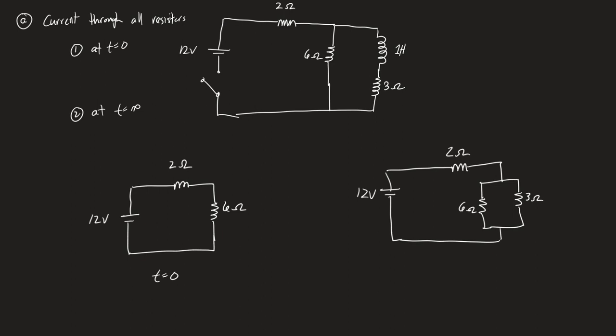You may need to do stepwise reduction. And if you don't remember how to do this, taking your two resistors that are in parallel, replacing them with an equivalent resistance, and so on and so forth. You guys remember how to do that? Prove it. I'm going to come by. I want to see. Because I don't believe that you all do remember how to do that. Progress here. So you got 3 amps, 2 amps, and 1 amp.